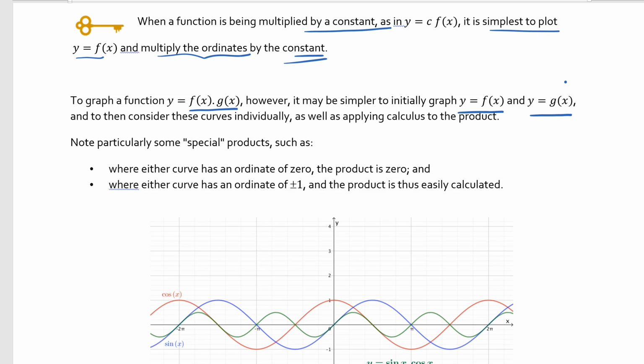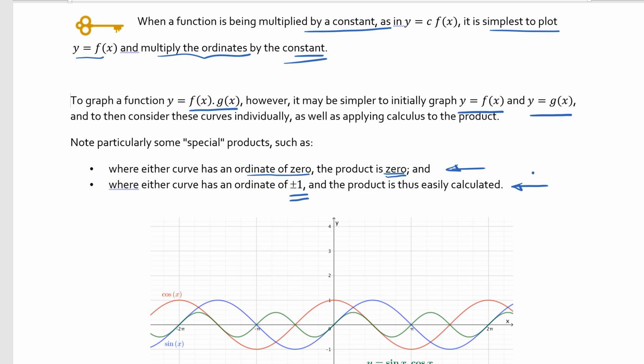There are a couple of special points, and these are probably the two most common. Where either curve has an ordinate, a y value, of 0, then obviously the product is 0. And where either curve has an ordinate of plus or minus 1, the product also is easy to find.